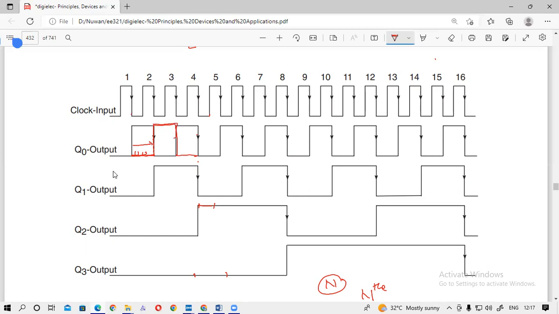If you consider this point, from here to here the value should be 1, but here you read the value as 0. What happened? This is the status we get, but the actual value is here. It is shifted.